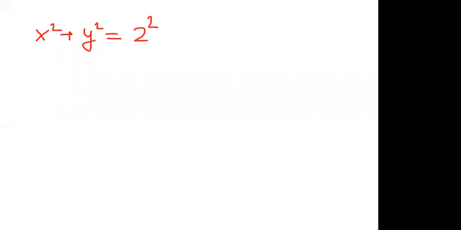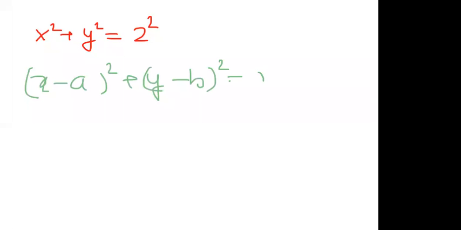In conic sections, we have done this particular equation, and this was the equation of a circle. Hope you remember the equation of a circle which we studied in class 11th: x minus a to the whole square plus y minus b to the whole square equals r square.